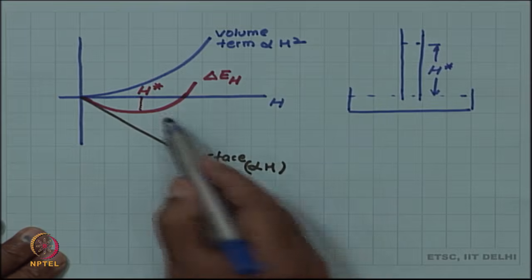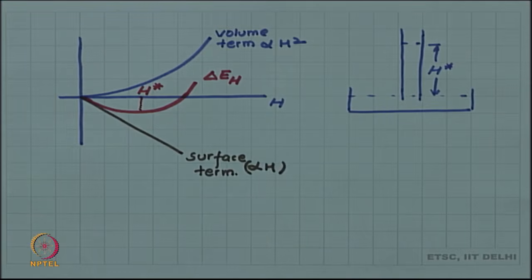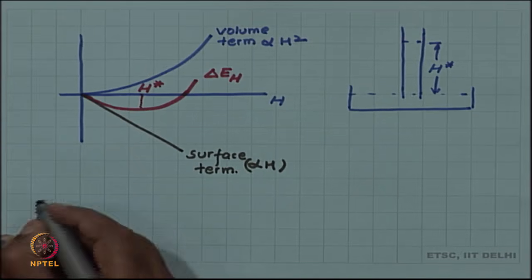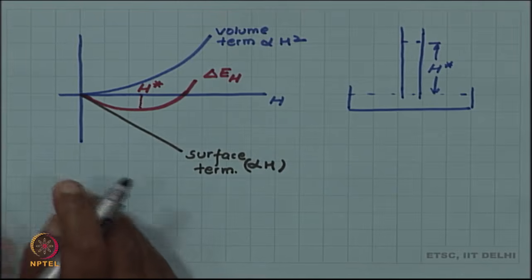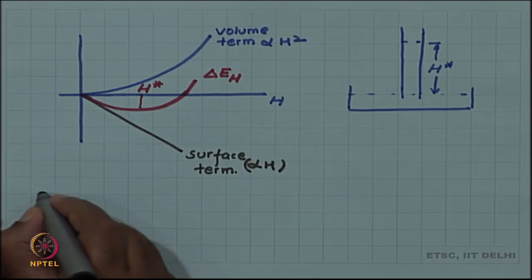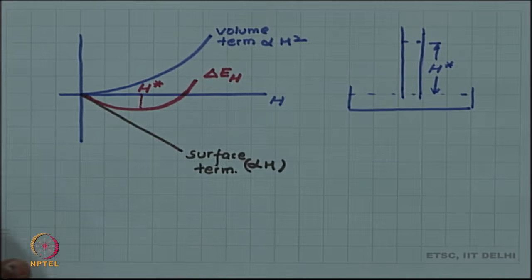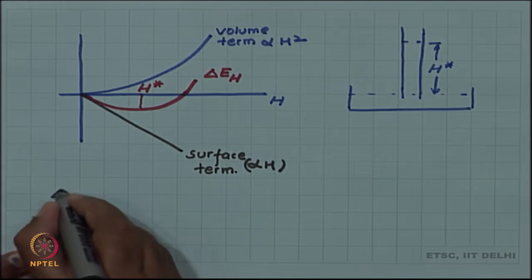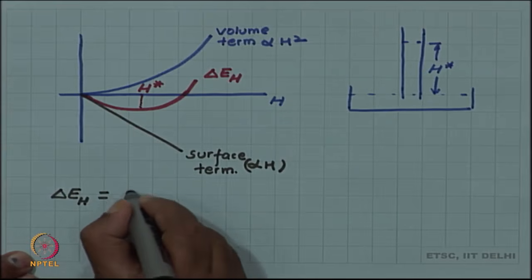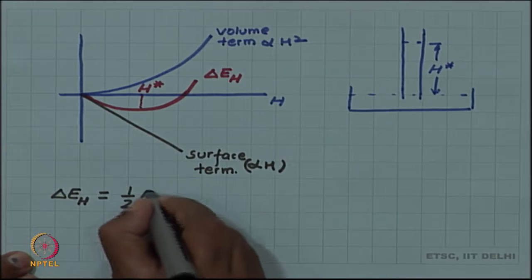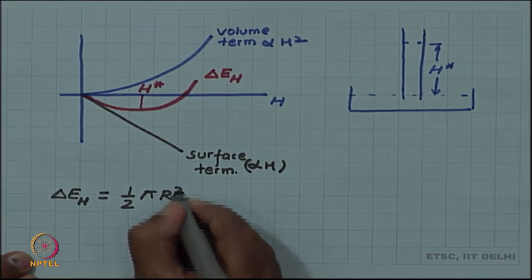Beyond that, if it wants to increase, the free energy again will keep increasing. So, just like we did for nucleation and found the critical radius, we can do the same thing here for the capillary rise and find the equilibrium height of the capillary rise.